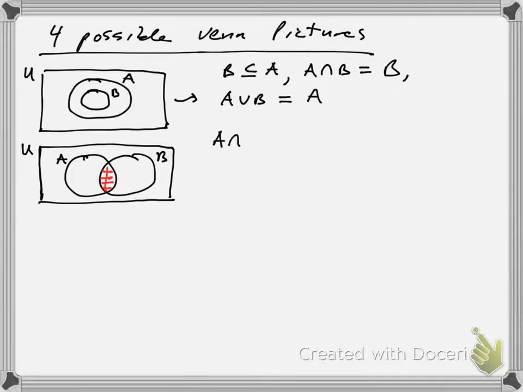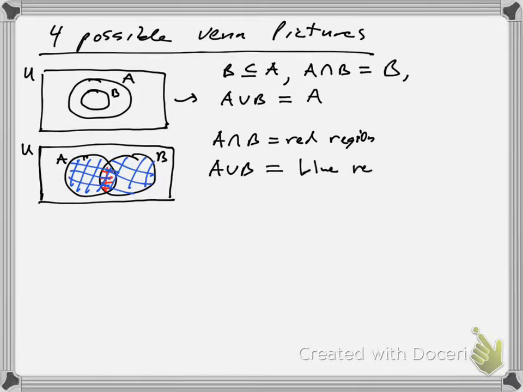So A intersect B is the red region. And then A union B would be all of them combined. So A union B is the blue region. Okay? So that's picture number two.